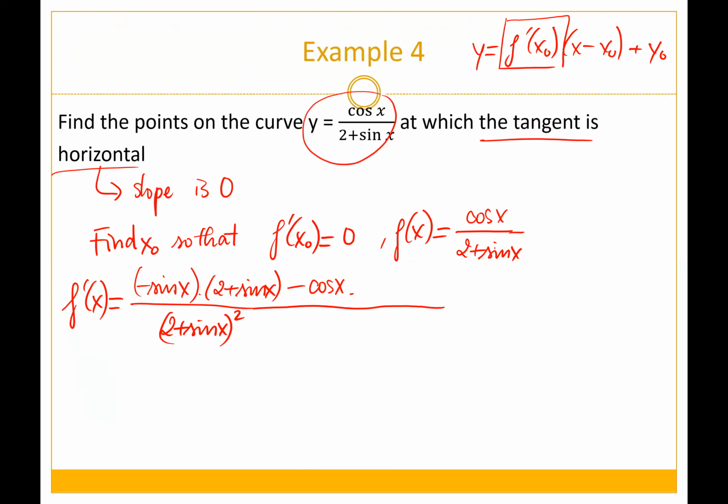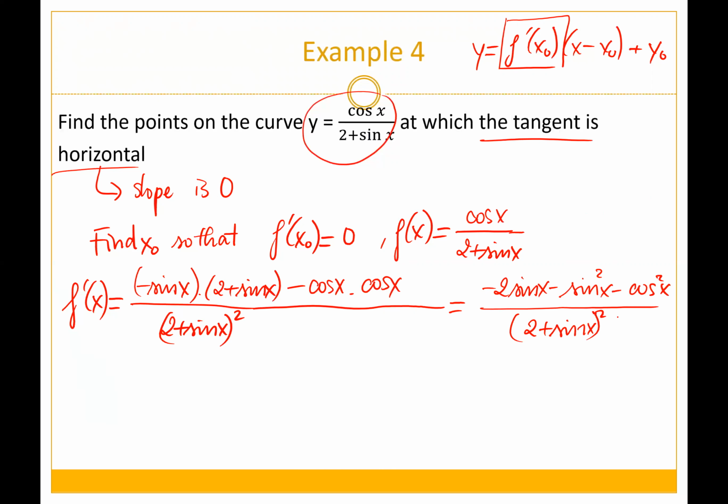So what we have left is just cosine x, multiplied by cosine x again. So what we have now is negative 2 sine x, negative sine squared x, negative cosine squared x, over 2 plus sine x squared.